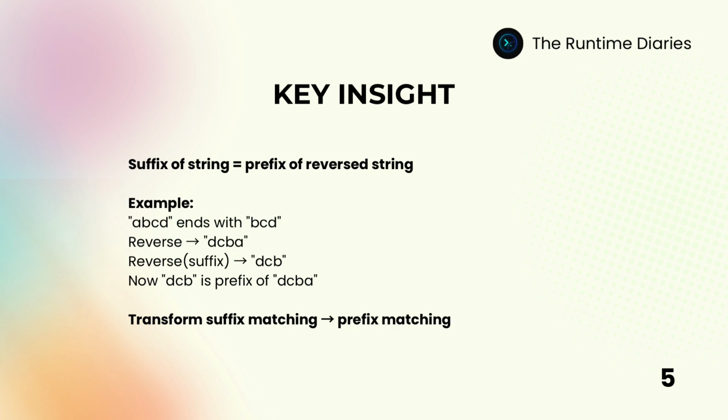If we reverse the suffix BCD, we get DCB. Now, DCB is a prefix of DCBA. So instead of doing suffix matching on the original strings, we can do prefix matching on the reversed strings. And prefix matching is exactly what tries are built for.